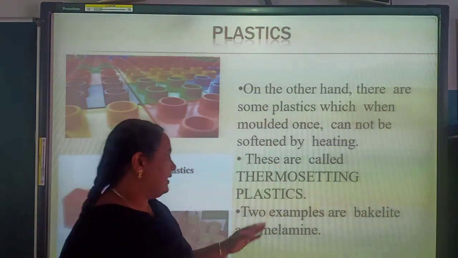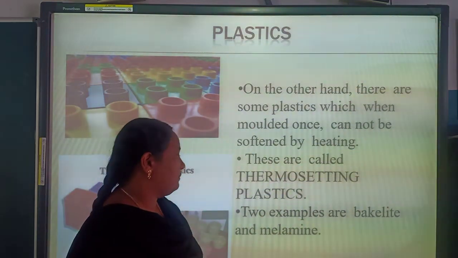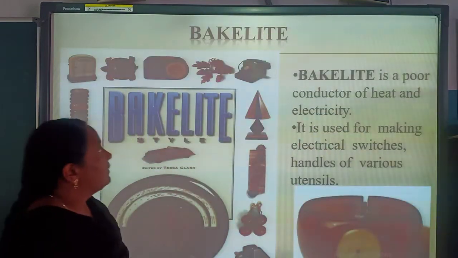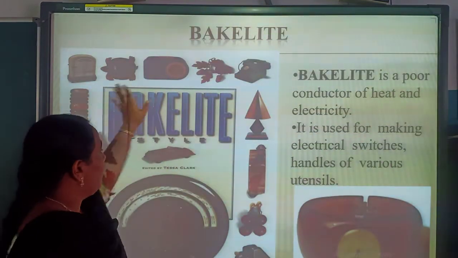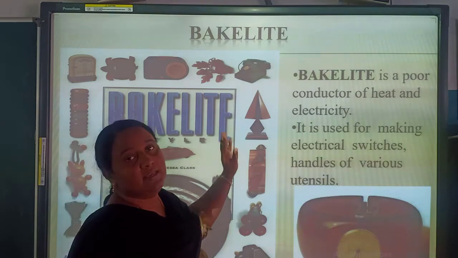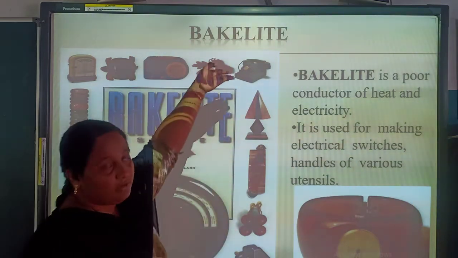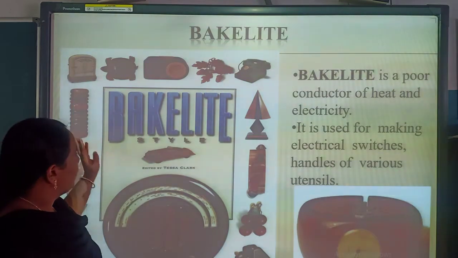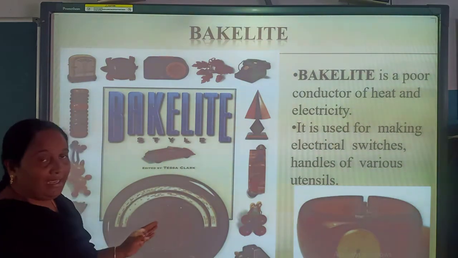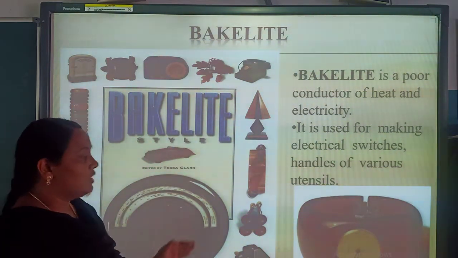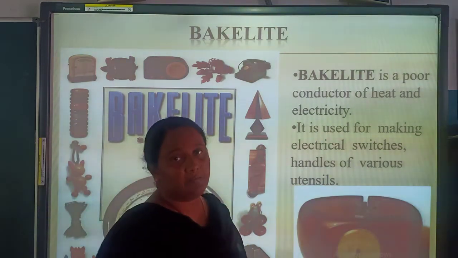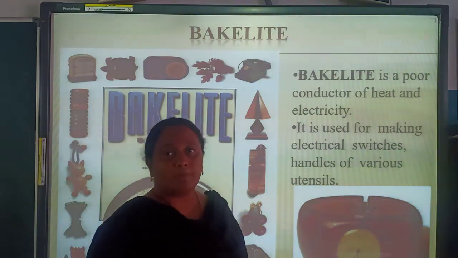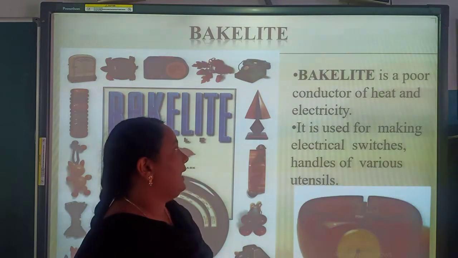Bakelite is used very often, we will be discussing it. These things are made of bakelite: the earlier phones, toys, some electric equipment, watches. These are all prepared from bakelite.